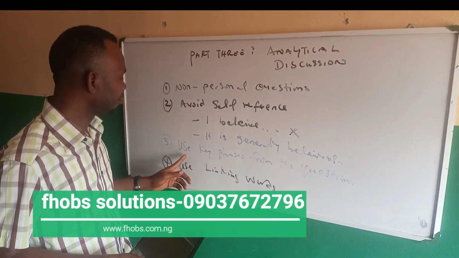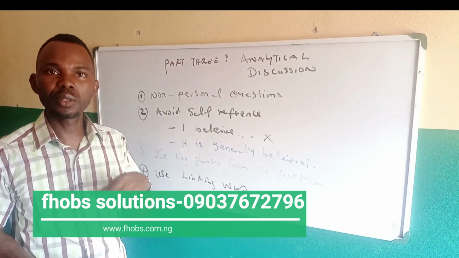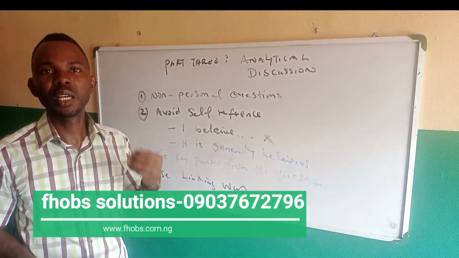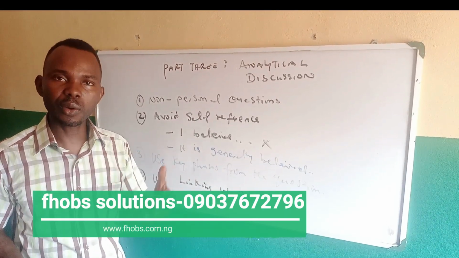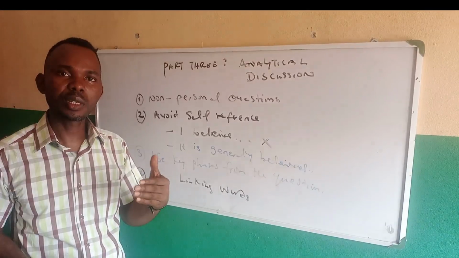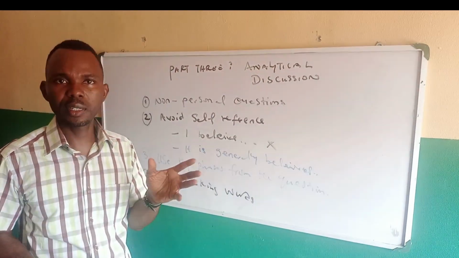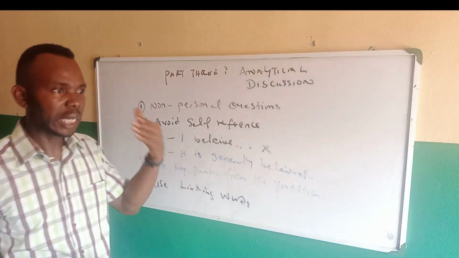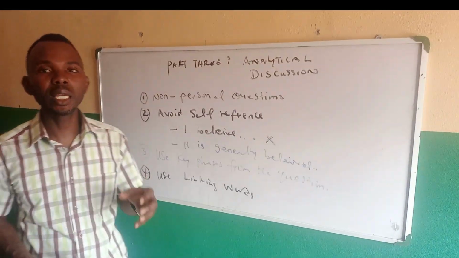Then you should use key phrases from the question in your response. It gives the examiner the impression that you are still discussing the question you were asked. So you use key phrases from the question intermittently as you speak. Then again, you should use linking words.